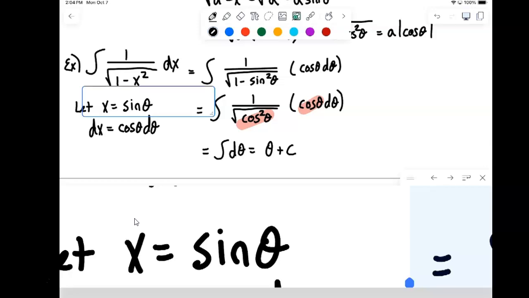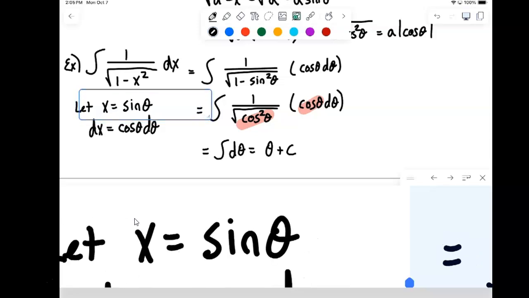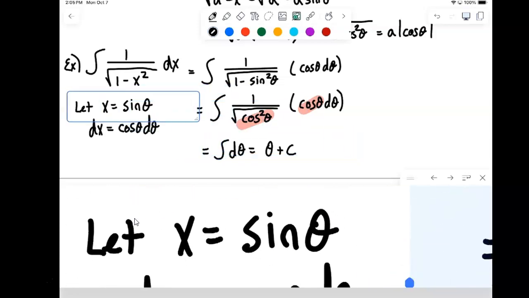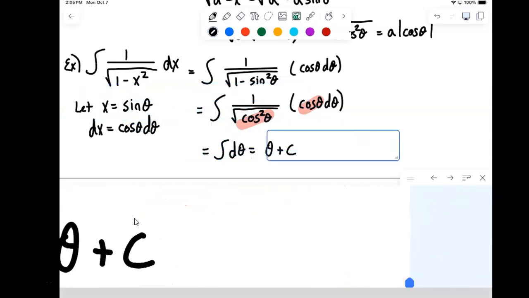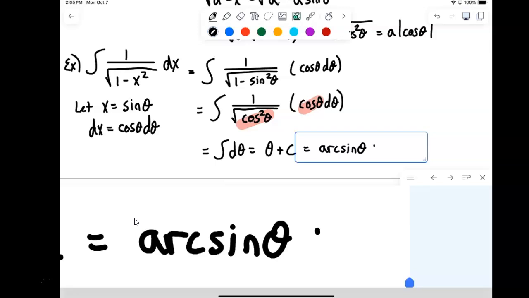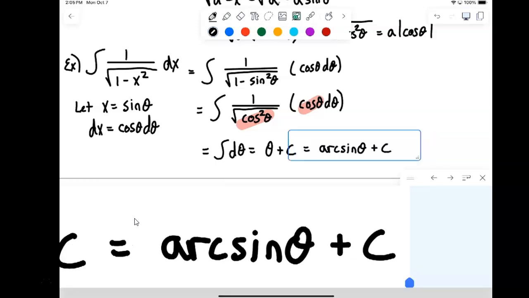And I would get that theta is equal to the inverse sine of x. So theta is just inverse sine or arc sine of x. Either way, you can use either notation. I'm personally partial to the arc sine version myself.